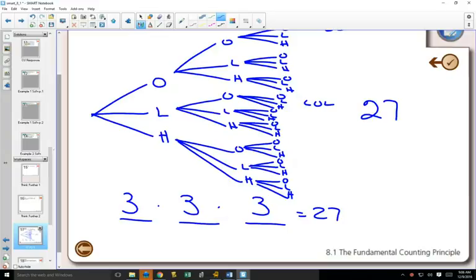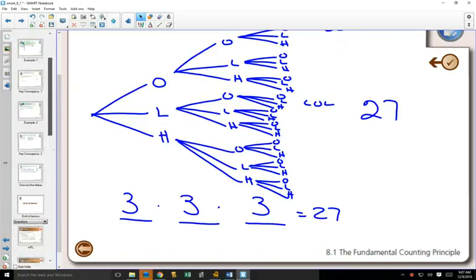And if you were asked to do 15 fans and say how many possibilities, all of a sudden it doesn't become such a big problem. What this is called is the fundamental counting principle.